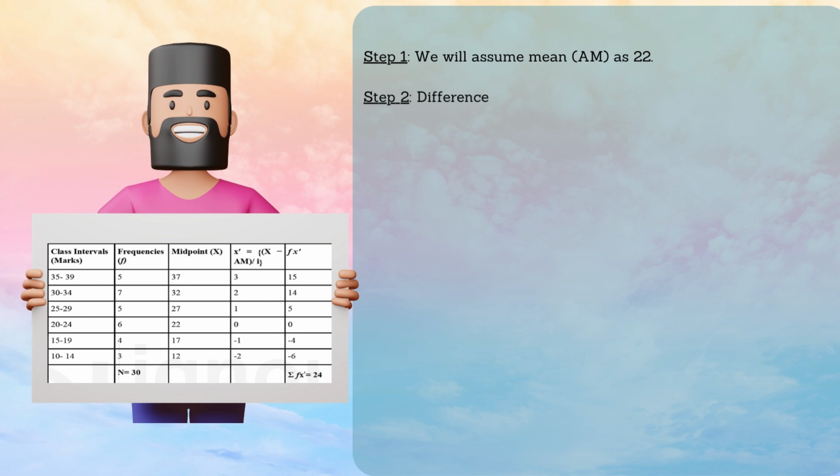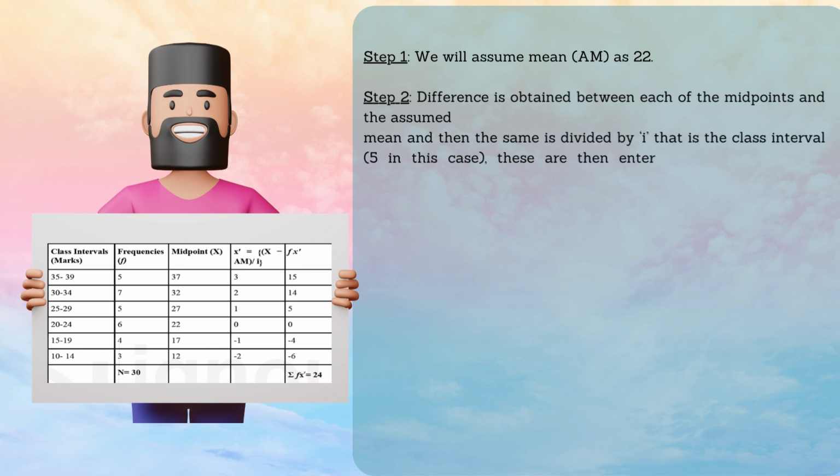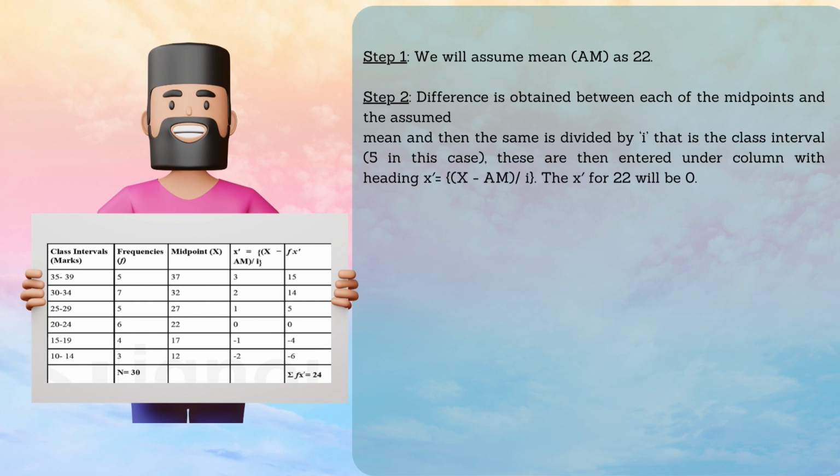In the second step, the differences are obtained between each of the midpoints and the assumed mean, and then the same is divided by i. You can see this in the fourth column.